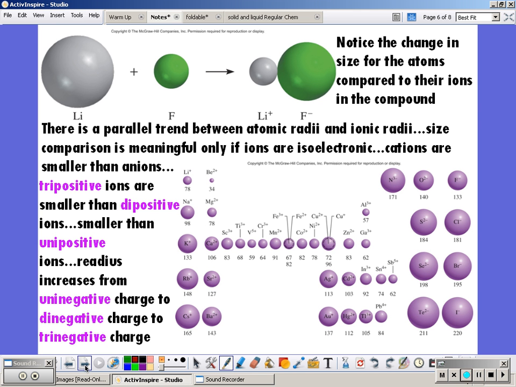And you can see that if you look at magnesium +2 versus sodium. Magnesium +2 is smaller than +1. The radius increases when you talk about the negatives. So -1 going to -2 going to -3, we're actually getting larger.